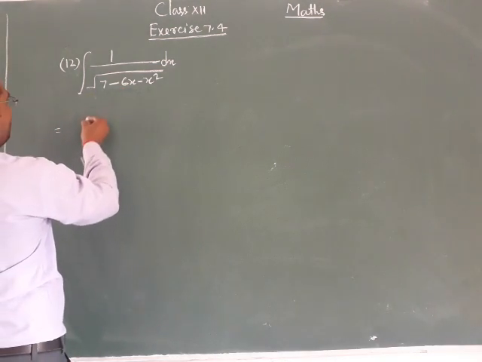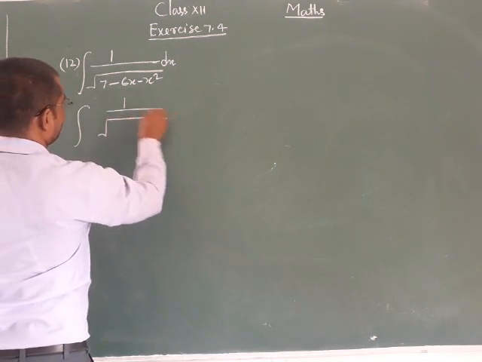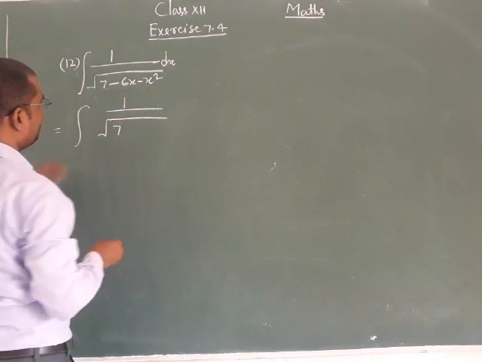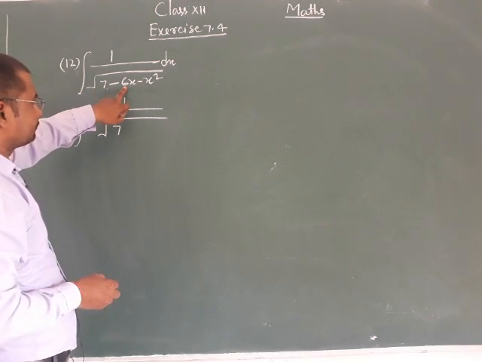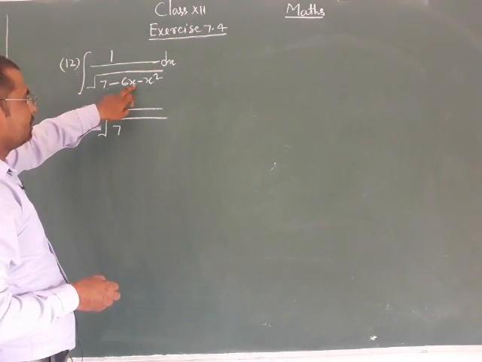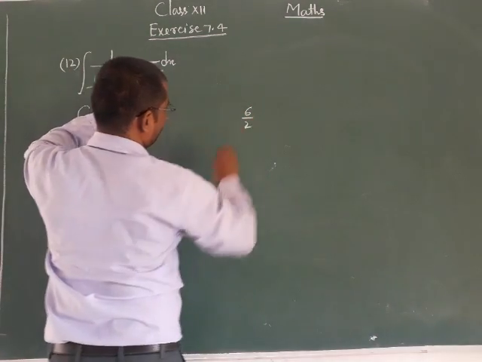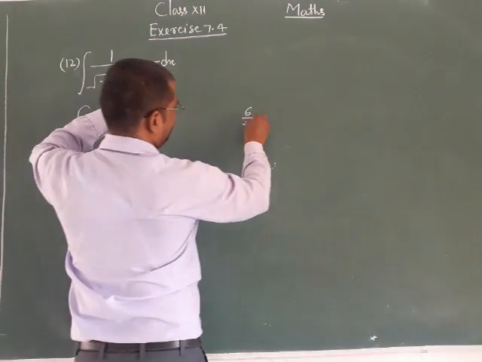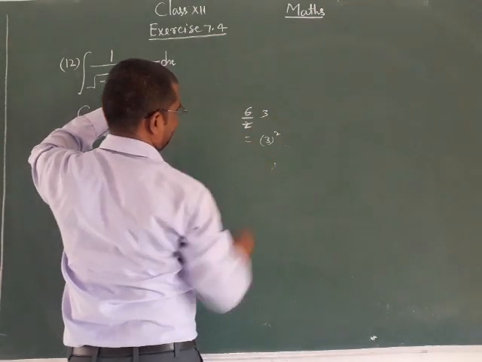So now 1 upon root 7, and completing the square, coefficient of x is 6, its half is 3, and 3 square.